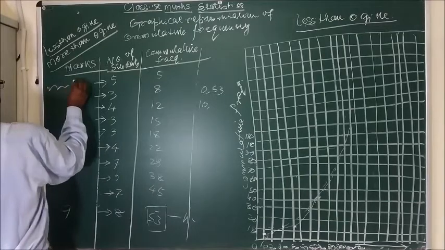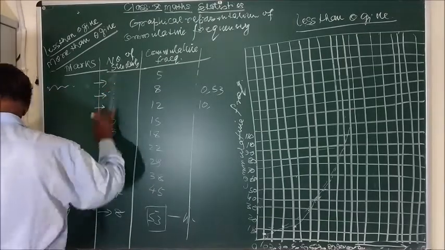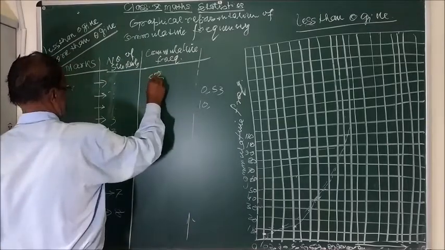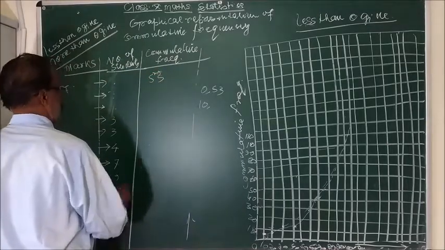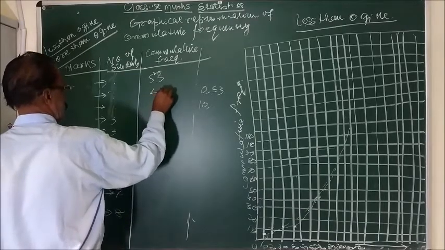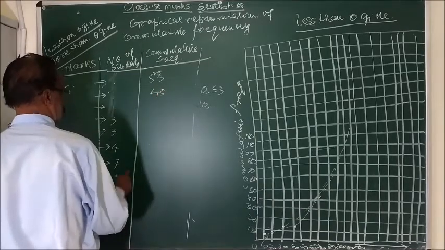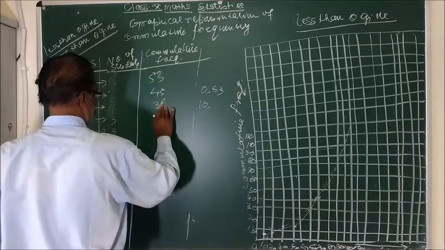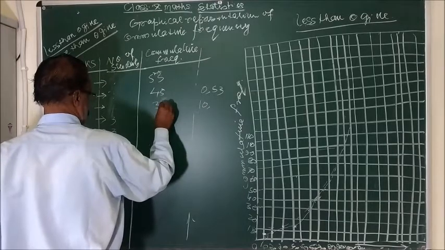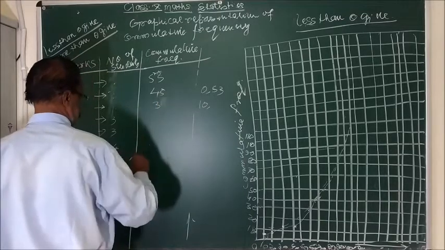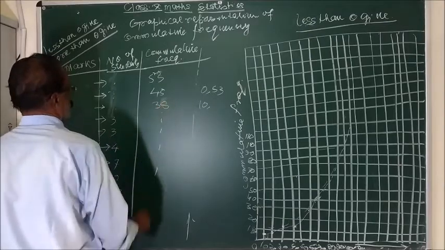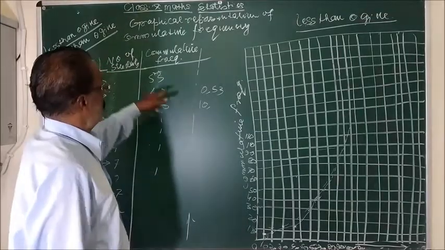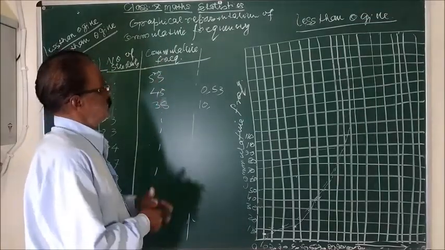How much will it be for more than 0? 53. This will be 53. And now 53 minus 8, 45. And 45 minus 7, like this, 38. So you should take the lower limit of the class and the corresponding cumulative frequency.